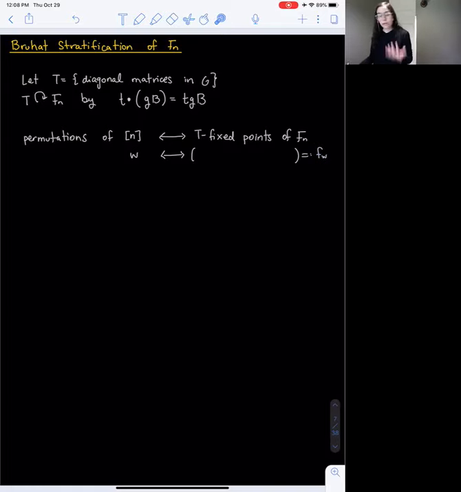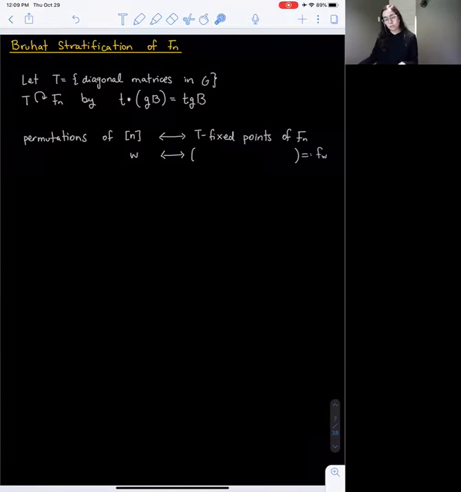A good spirit behind when combinatorics arise is that it often happens when you have a torus action. If you have a torus action like we have here, you can think about different objects associated to it. One of them is the torus fixed points, and you can encounter combinatorics that way.